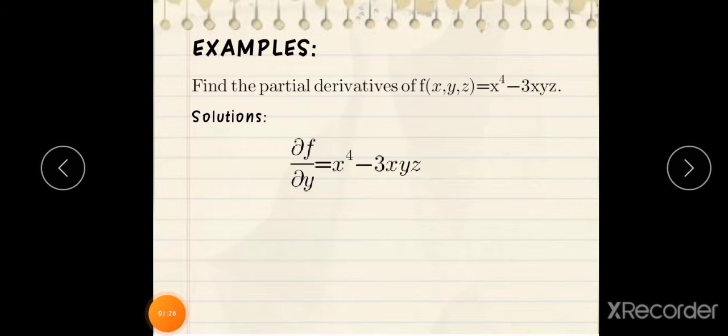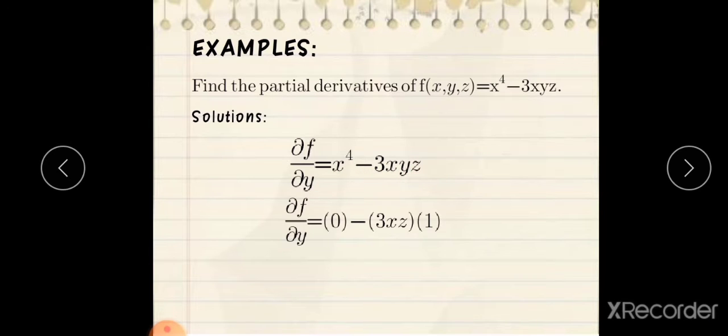So now, the next one we will get is the partial derivative of the function f with respect to y. To get the partial derivative with respect to y in our given, we must treat also the other variables as constants. As we can see in our given, the other variables here are x and z.